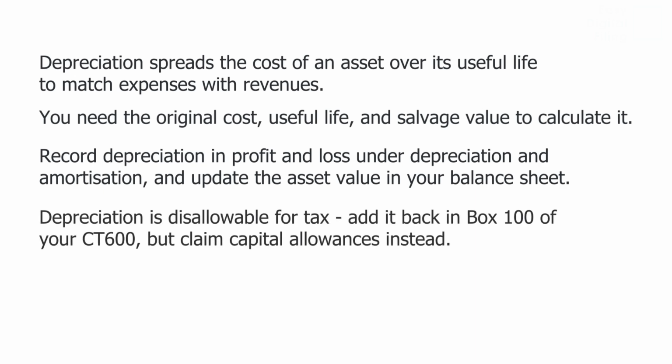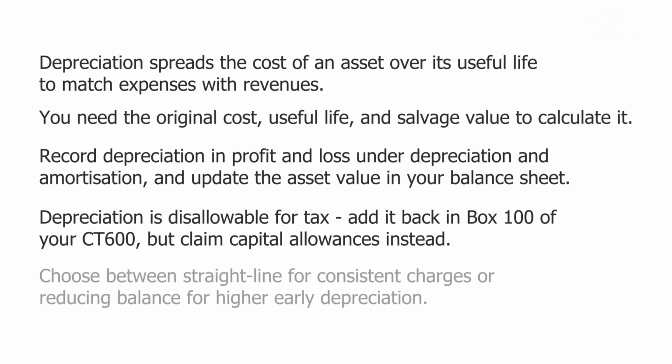Depreciation is disallowable for tax. Add it back in box 100 of your CT600, but claim capital allowances instead. Choose between straight line method for consistent charges or reducing balance for higher early depreciation.